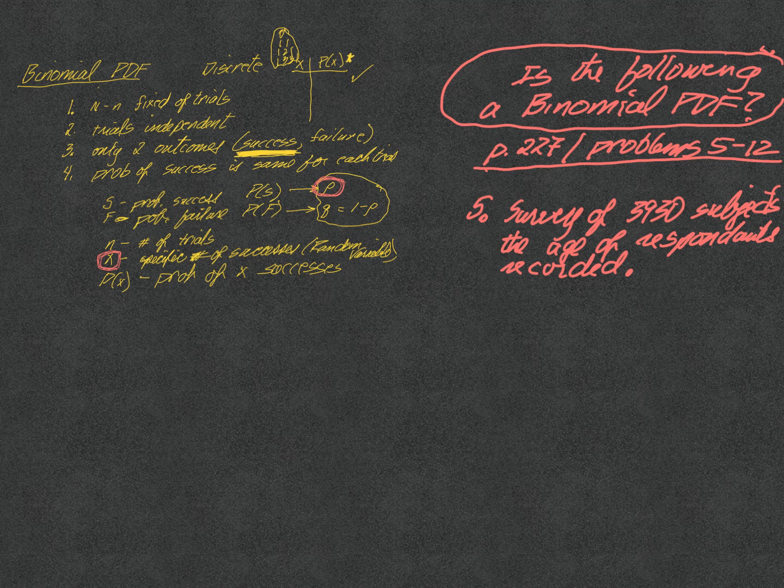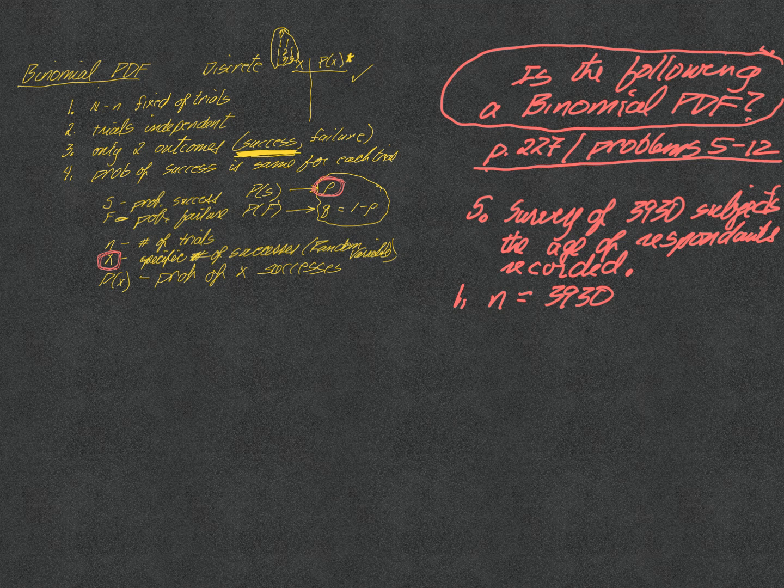Let's think about this. Number 1, do we have a fixed number of trials? The number of trials is going to equal 3,930, because we're going to ask that many different people, and they're individual.